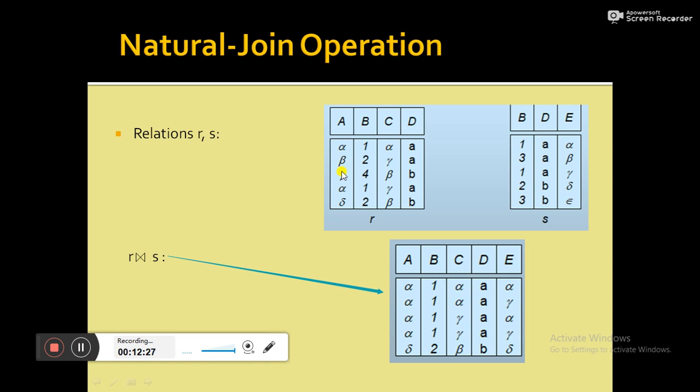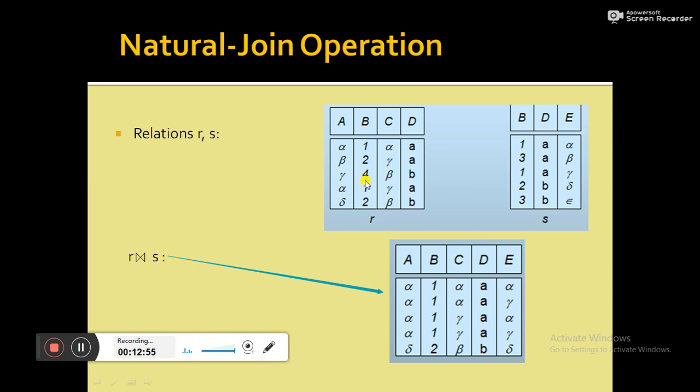Next, sorry, it's the gamma. So gamma 4 beta B. So next record is gamma 4 beta B. That record needs to be compared with every record of S. So the first record of S, common attribute value is 1A.